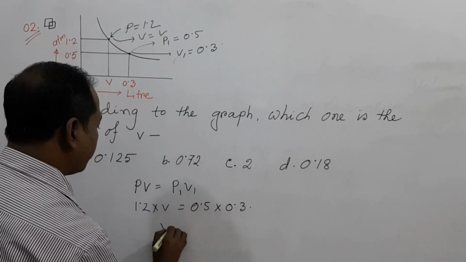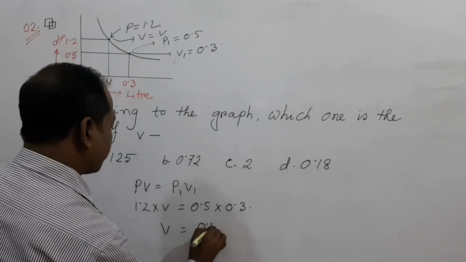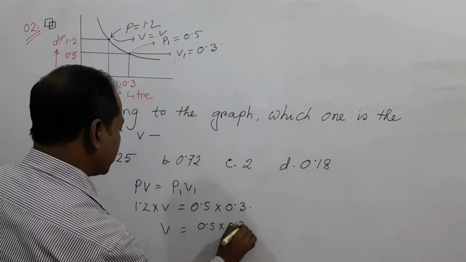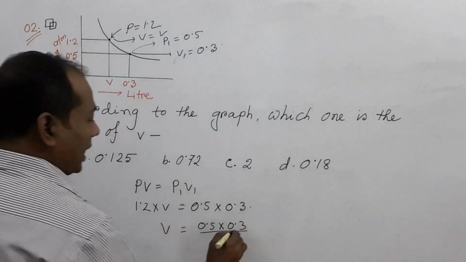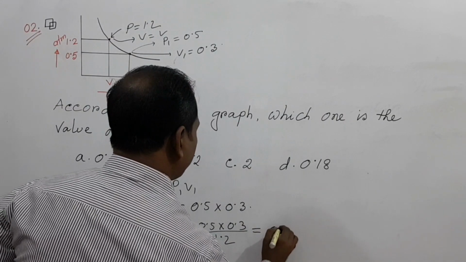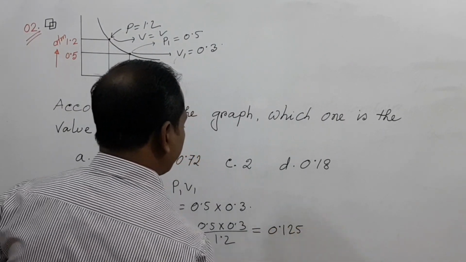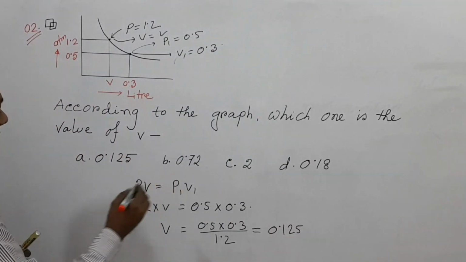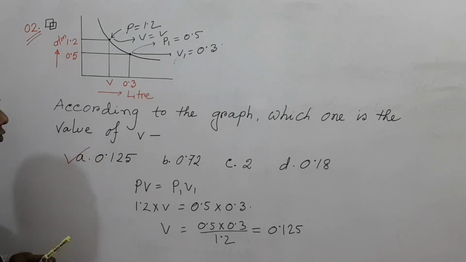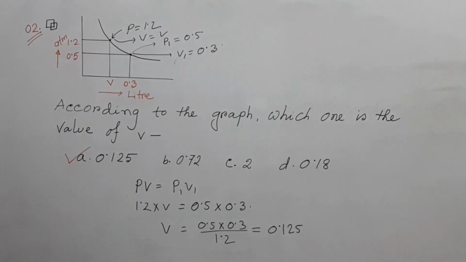So, the value of V equals 0.5 times 0.3 divided by 1.2, and the answer is 0.125. So, we can say that the answer is 0.125.